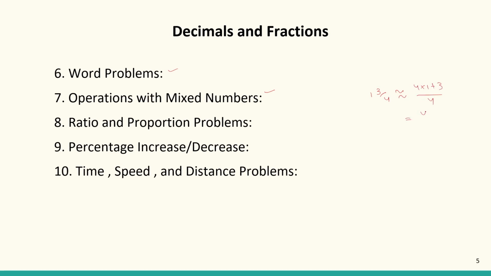That is equal to 4 plus 3 by 4, which is equal to 7 by 4. And we have ratio and proportion problems, percentage increase and decrease problems, and also time, speed and distance problems. So let's explore each kind in detail.